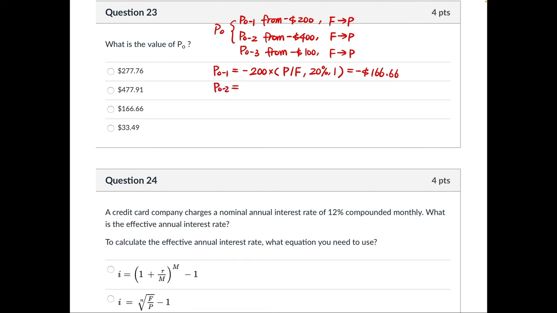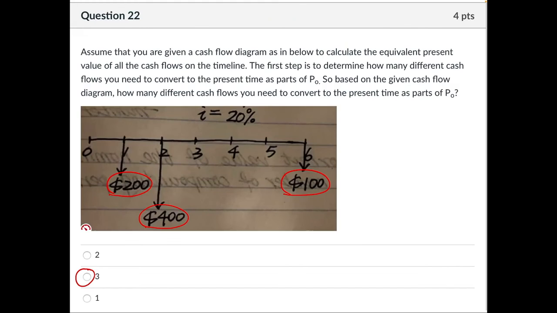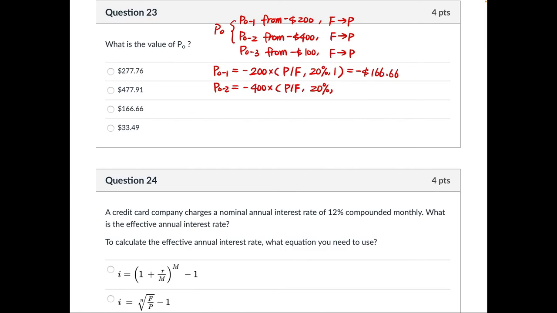And P02 is from the 400, P/F, still 20%, but it's 2 years from the present time, so it's compounded 2 times, so n is 2. The answer is negative 277.76.